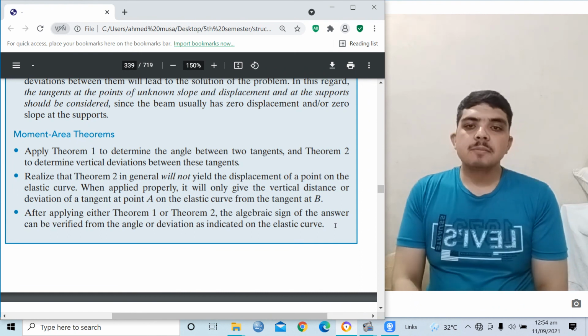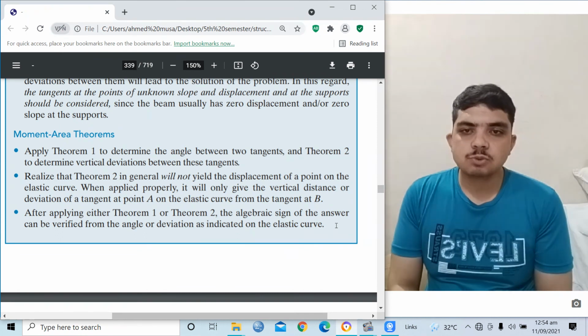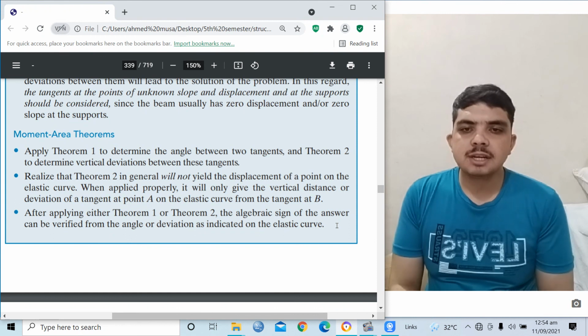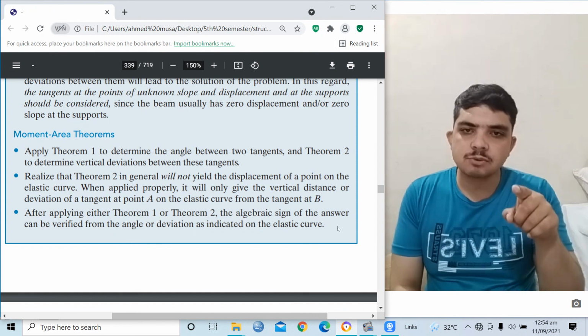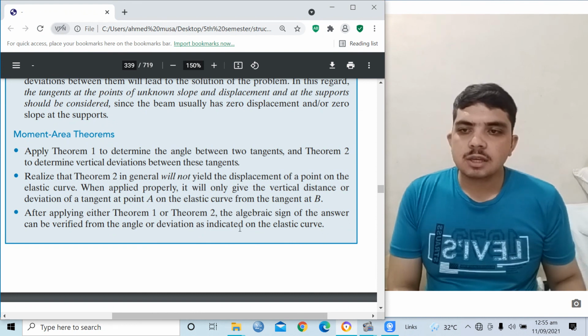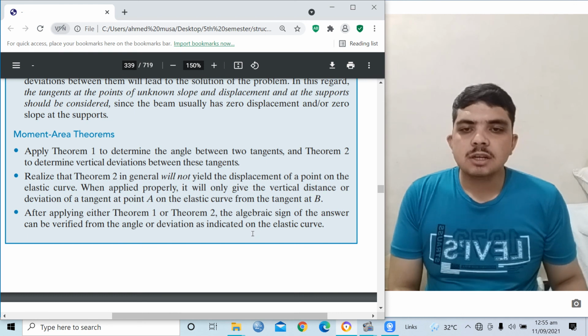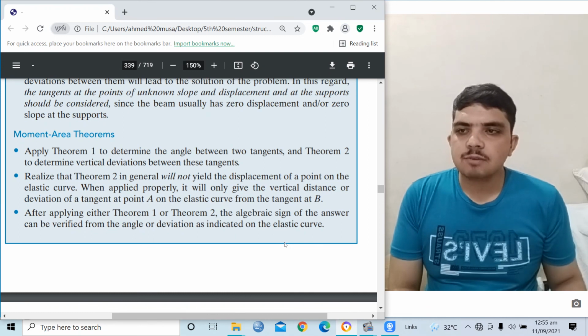Sorry, if our answer in the form of slope comes negative, it means clockwise rotation. If the answer comes positive, the slope angle will be counted anti-clockwise. So this is the short discussion of the moment area theorem.